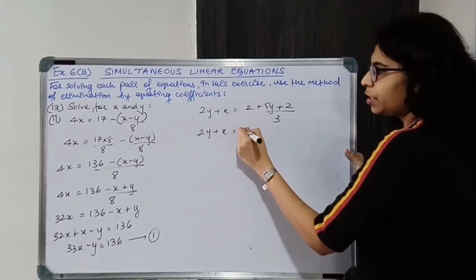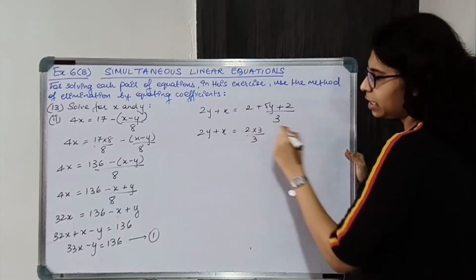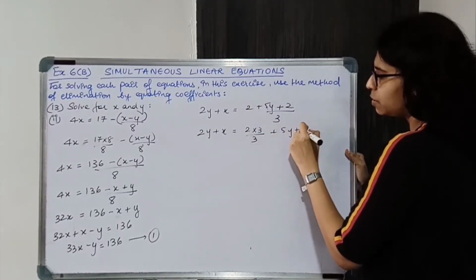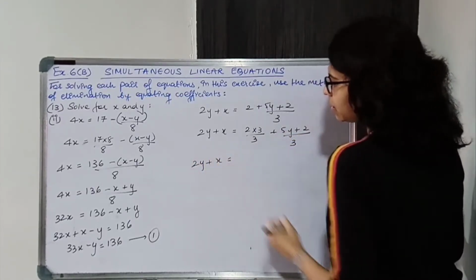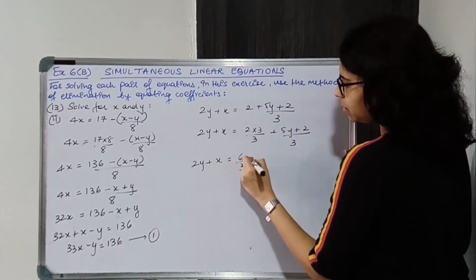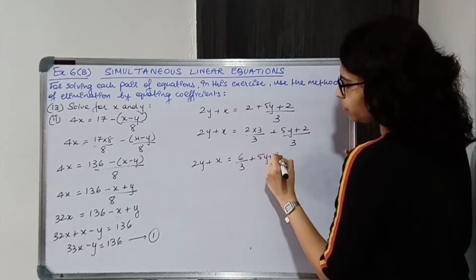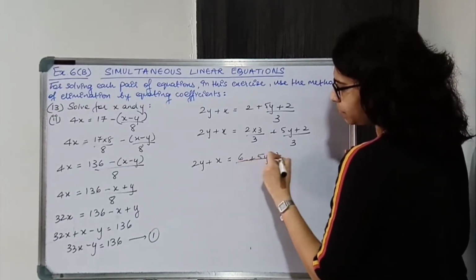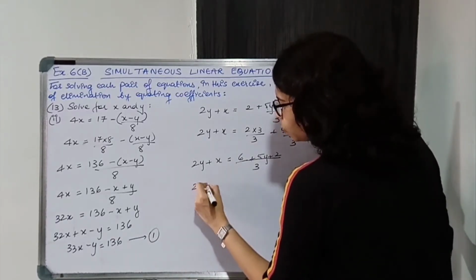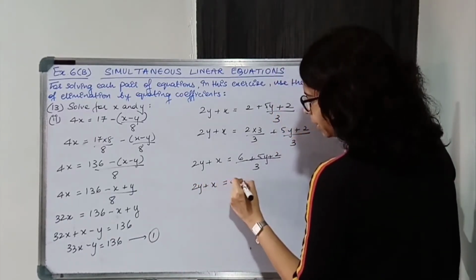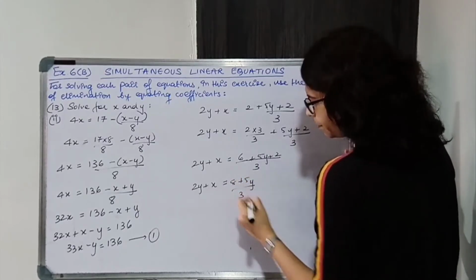2 into 3 by 3 हो जाएगा, taking LCM, plus 5y plus 2 by 3. So 2y plus x is equal to 6 by 3 plus 5y plus 2 by 3. We can take common denominator. So 2y plus x is equal to 8 plus 5y by 3.